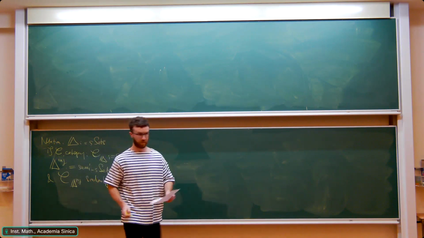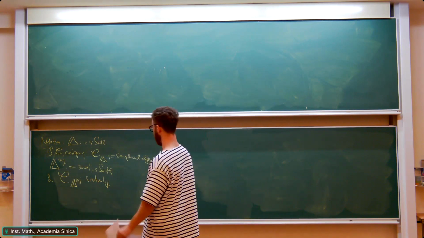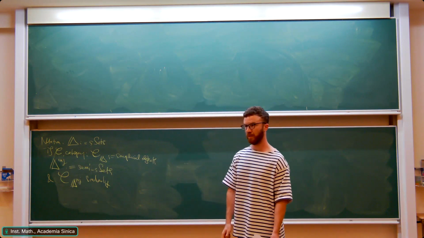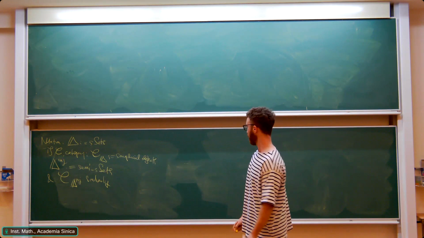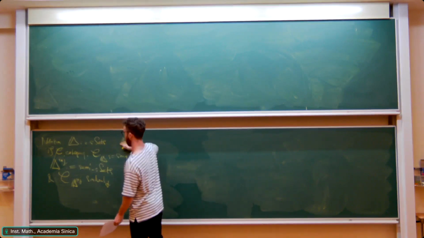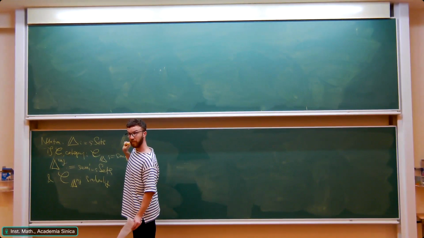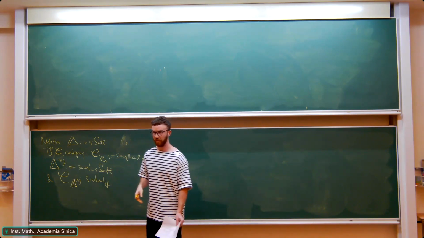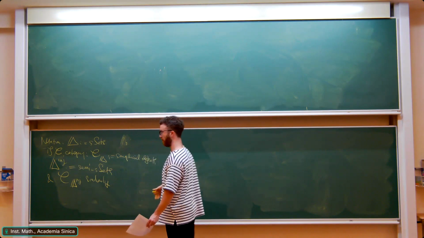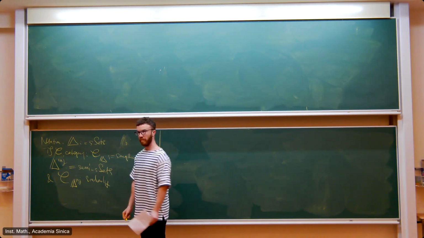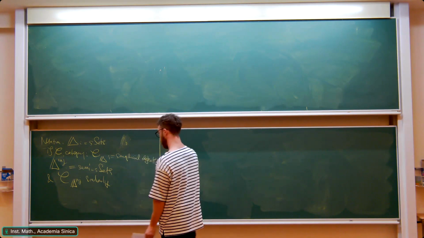Sorry, when you say simplicial objects in C, what does it mean? You mean like a functor from delta op to C? Yeah, the functor from the opposite of the category of finite ordered sets to C. And so what is your injective?